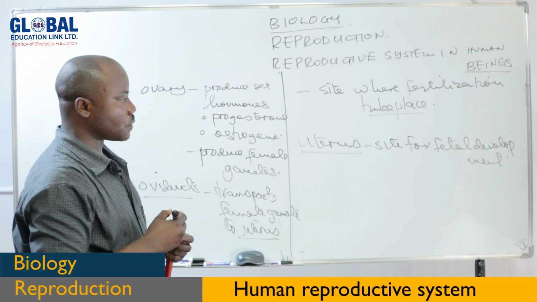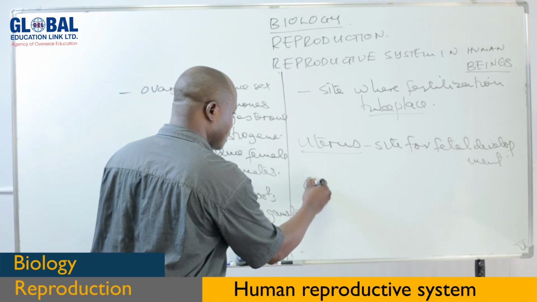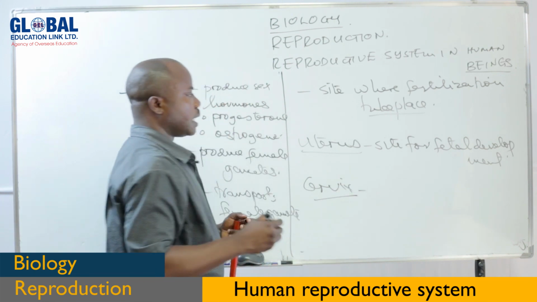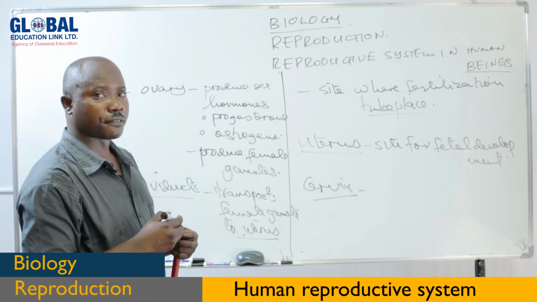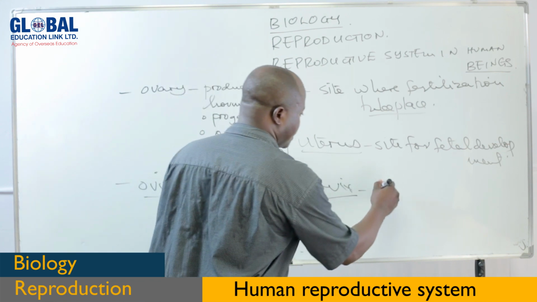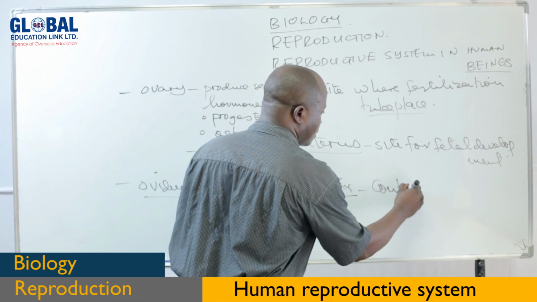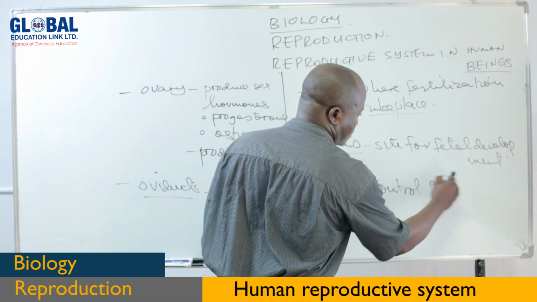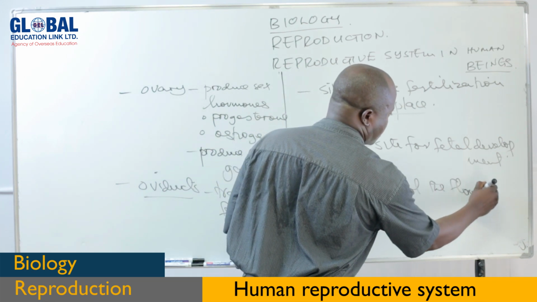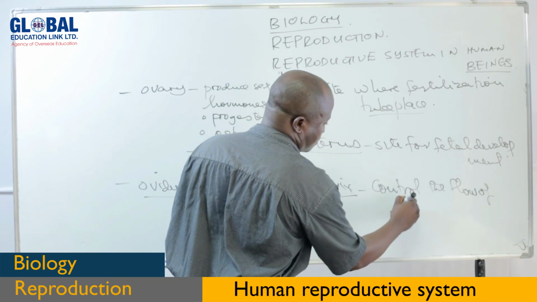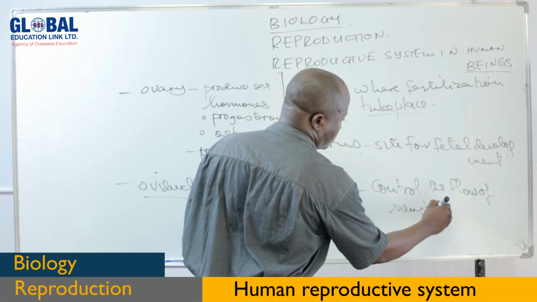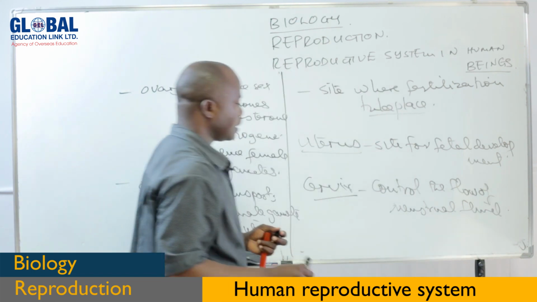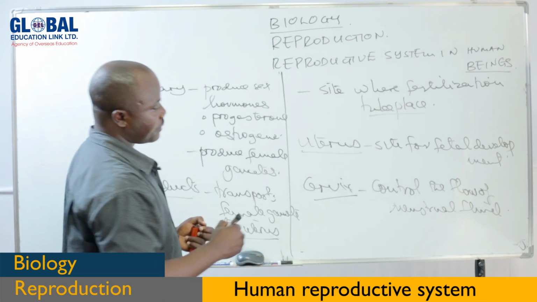Another inner part consists of the cervix, which, as I said before, controls the flow of the menstrual fluid. The last is the vagina.